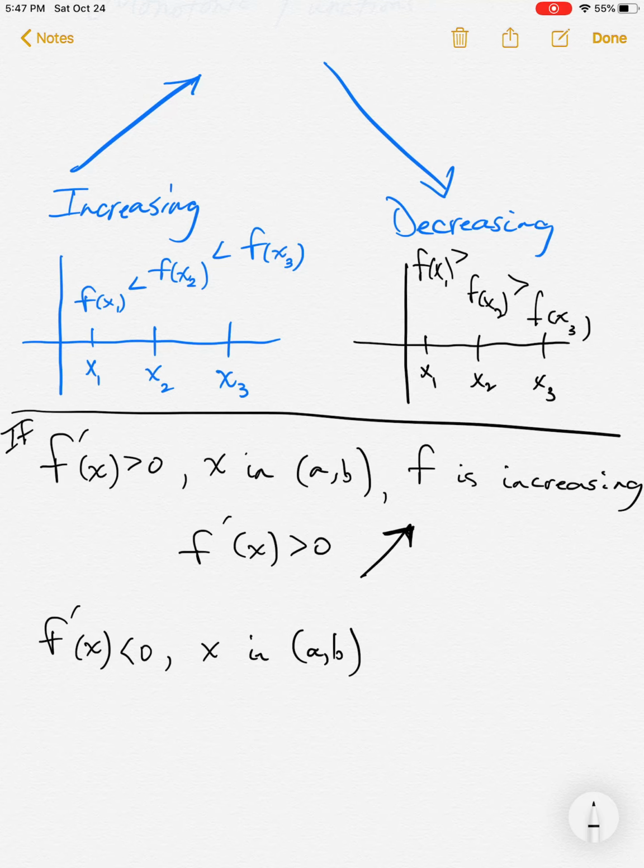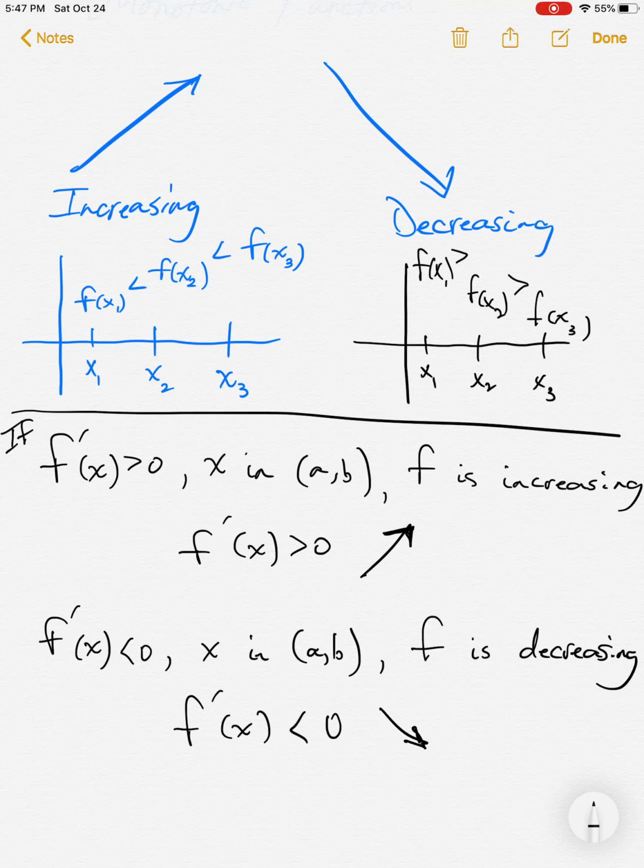And just so that you all know that f is a differentiable function, the assumed case is that f is a differentiable function. You also have this guy taking place. So my symbolic layout would be, if my first derivative is negative, then I'm going to be decreasing. My first derivative is positive, I'm going to be increasing.